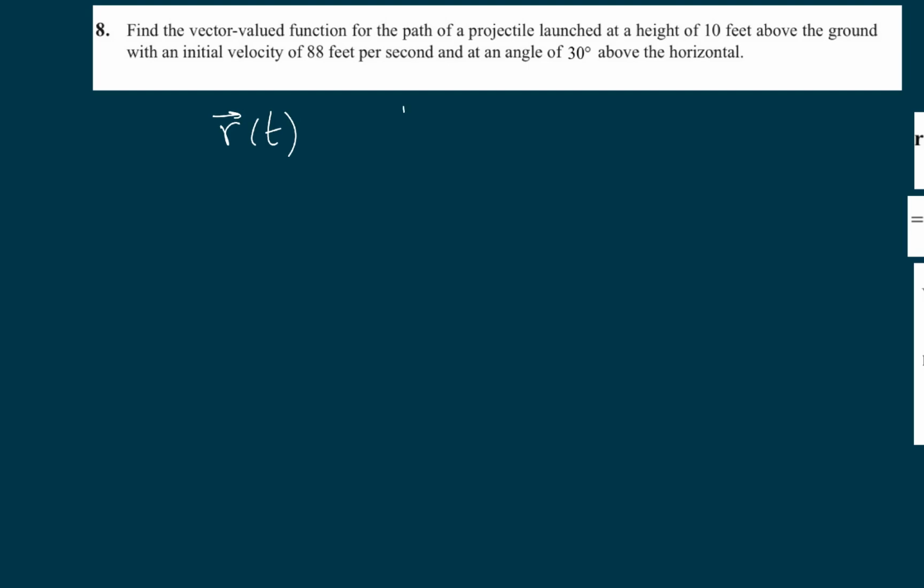So the projectile is launched, this is the x, this is the y, and this is 10 feet, the height, and it is launched from here. The initial condition says that at time t equals 0, the position x, y is 0, 10.